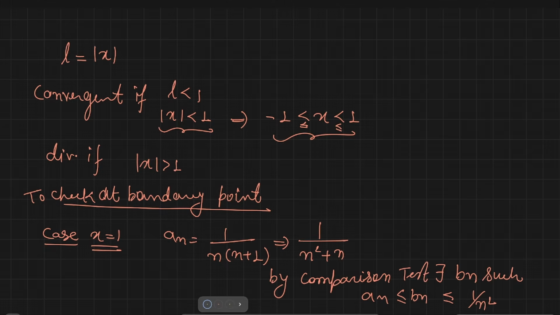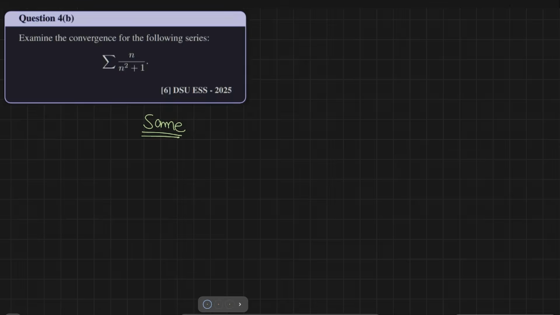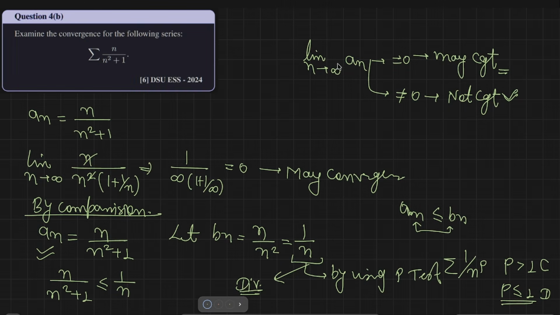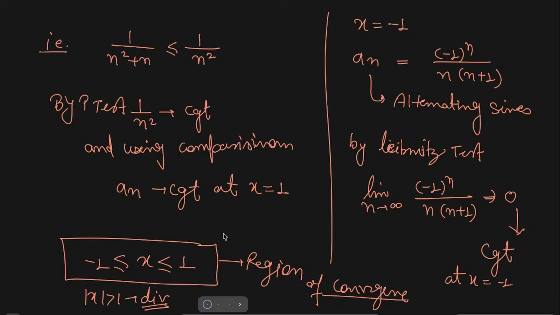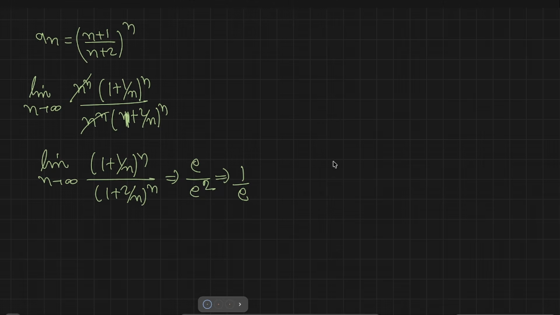And what is the necessary condition? I explained in the previous question: if the limit is not equal to 0, I can directly say it is not convergent. From here it is not equal to 0, so it is divergent.